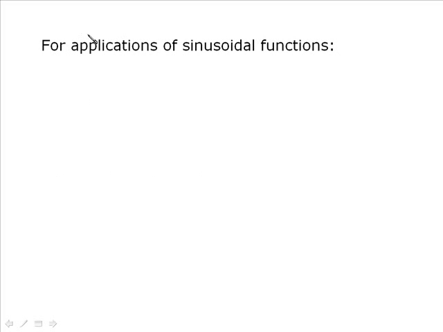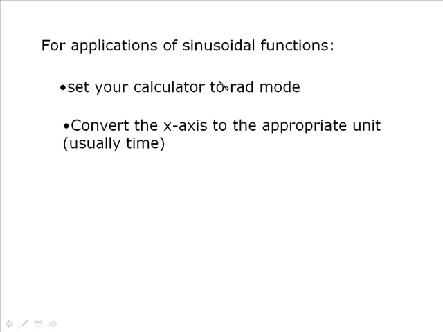Now, in general, when you're dealing with applications of sinusoidal functions, we do a few things to start off. We set our calculator to rad mode because all the applications are done in rads. The other thing to watch out for, not a big deal, but you need to be aware of it, is that the x-axis has to be converted to the appropriate time unit.